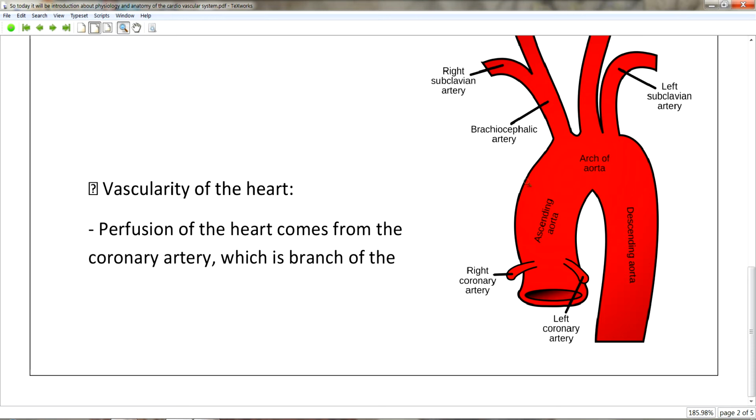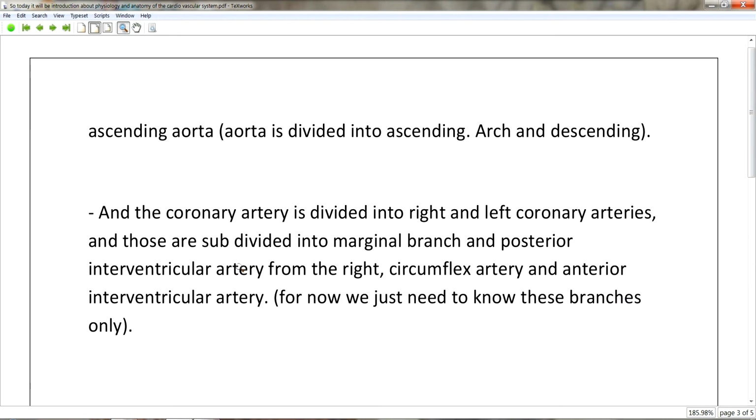Now we will talk about the vascularity of the heart, meaning the blood vessels of the heart. Perfusion of the heart comes from the coronary arteries, which are branches of the ascending aorta. The aorta is divided into three parts: ascending, descending, and arch.